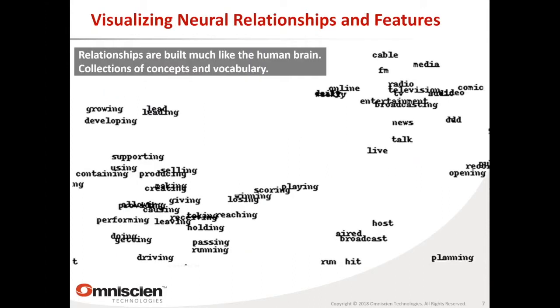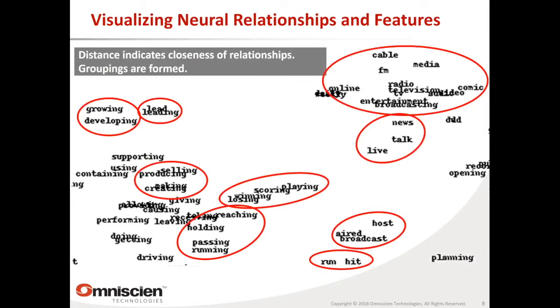So if you want to take it from a different viewpoint, this is a little bit of a cluttered slide, but it gives you a visual relationship of neural data from actual training data. And if you look a little bit closer, you'll start to see that these relationships are a bit like a human brain and they're grouping concepts together. So you can see things like growing and developing, playing, scoring, winning, losing, those kinds of things.